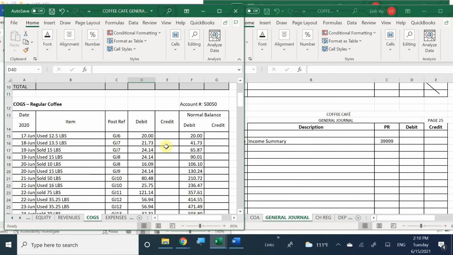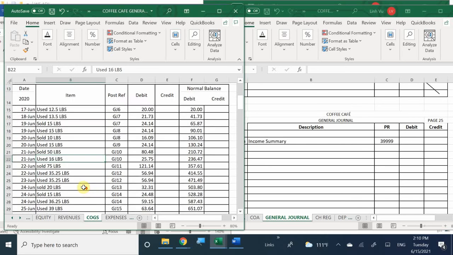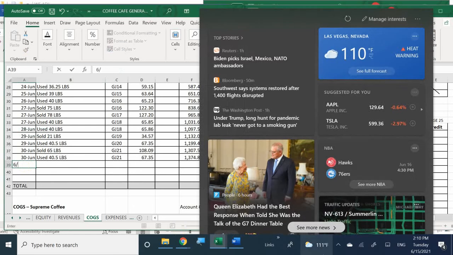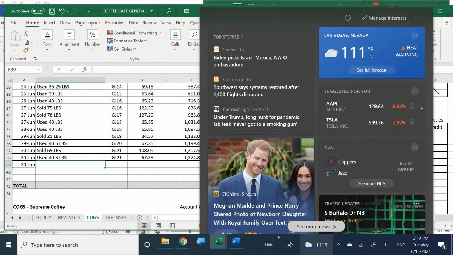Okay, so in this case, this is 5050 or 550. So let's go ahead and take a look here. I'm going to be closing out this account. So 630, closing. General Journal number 24.